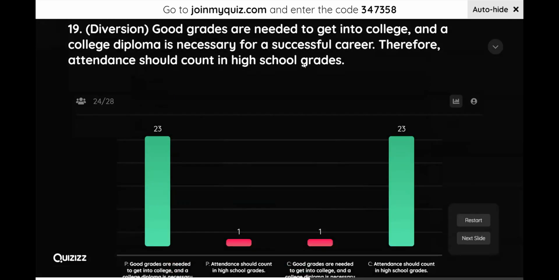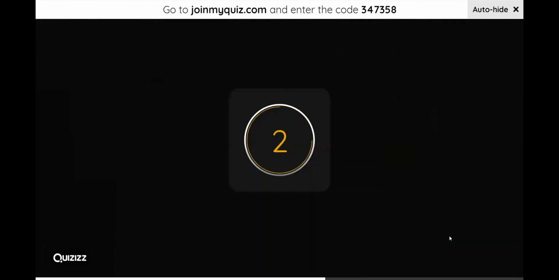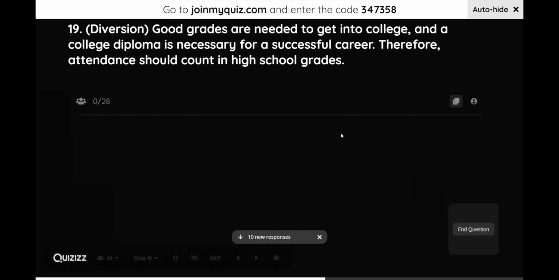Oh, look at that. You'll probably change it after I said it. I don't know if you can. Can you go back and change it? No, once you hit submit, it's locked in. Oh, man. Turn off that timer.